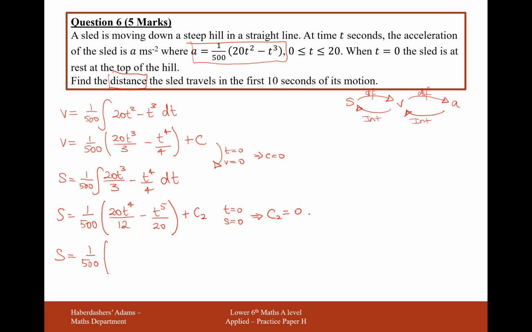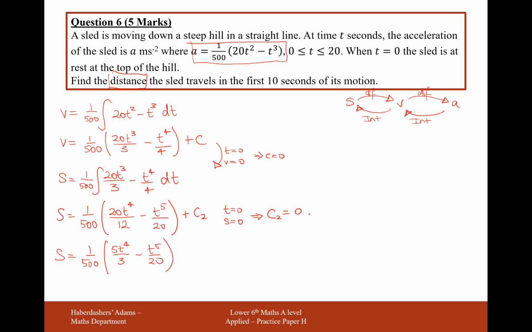Let's try and simplify what we can here. Divide through by 4 on the top and bottom and we get 5t to the 4 over 3 minus t to the 5 over 20. And plus c2, but c2 is 0, so that is our formula for distance travelled.